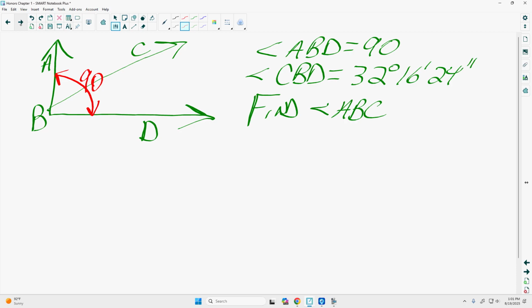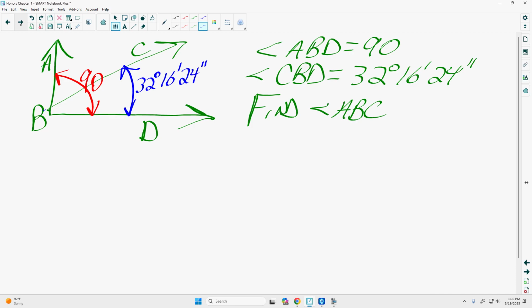We're getting there. Hang on. So now I'm going to do C, B, D. So from C to B to D is the weird thing. That is 32, 16, 24.